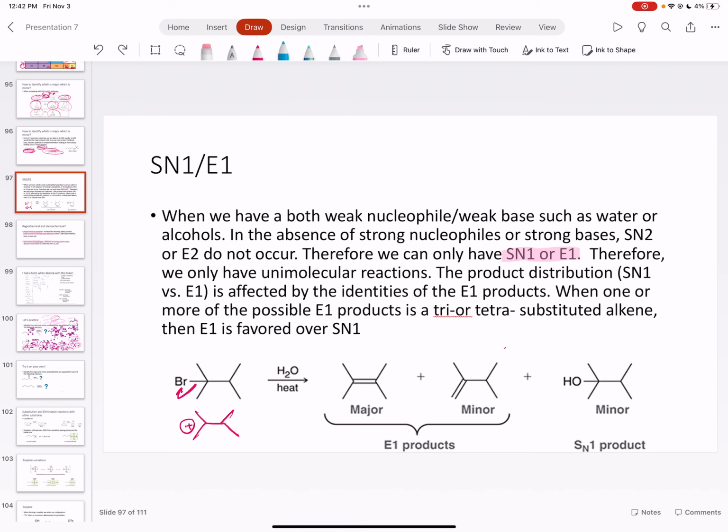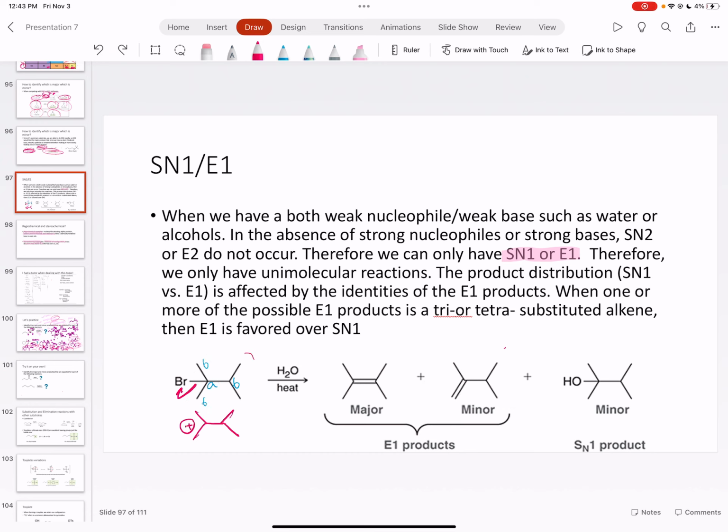And then to get this product in here, and this product in here, we're going to analyze our alpha and beta carbons. Here I have an alpha, then here I have beta, beta, beta. If you look at this one, this beta and this beta are going to end up giving me the same product, which is going to be this one.